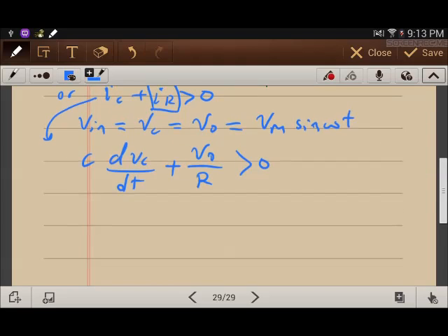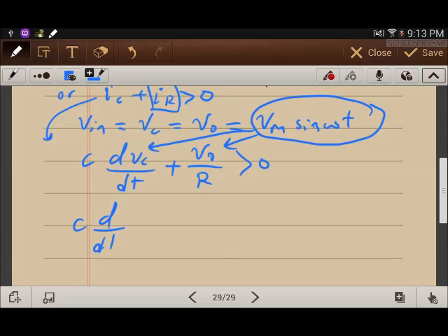Now I will put this instead of this and this, so I will get d by dt multiplied by C multiplied by V maximum sine omega t plus V maximum sine omega t divided by R, which is greater than 0.